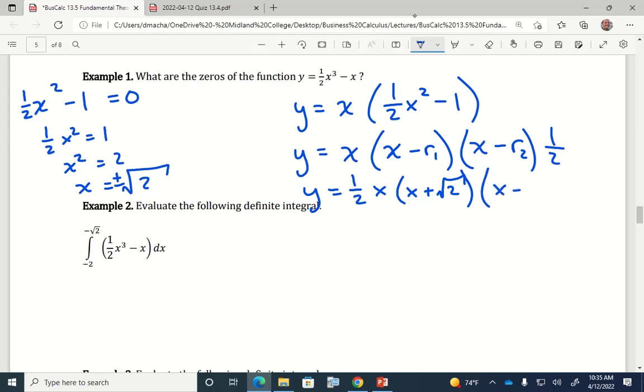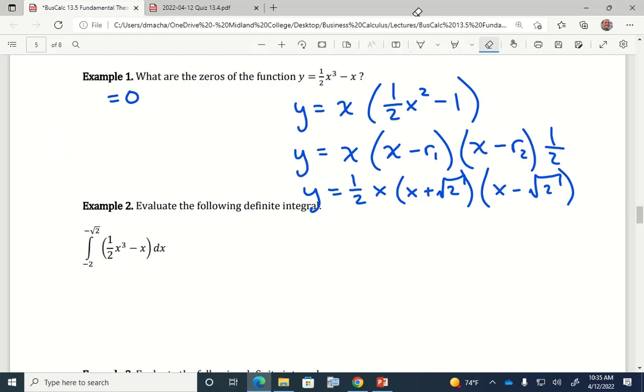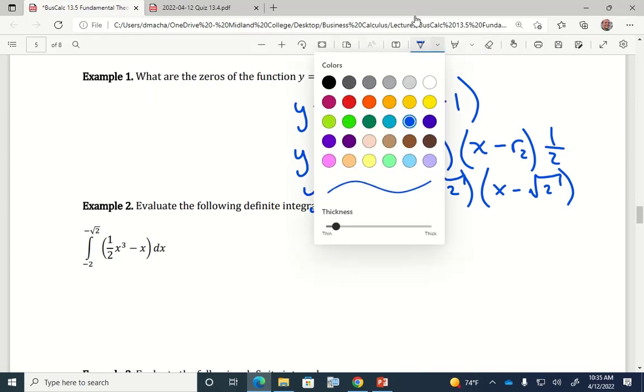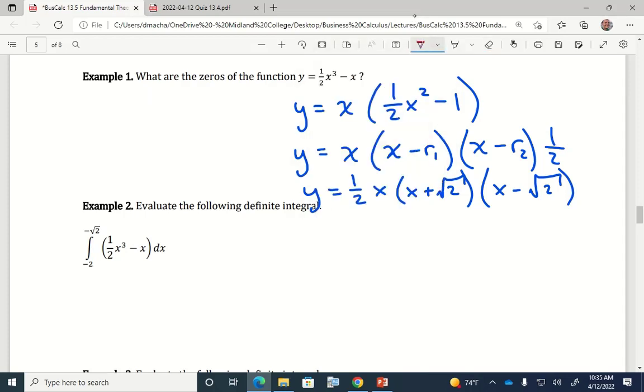and x minus square root 2. And if that's my factorization of this polynomial, then it looks like I have 3 zeros of my function that come from my 3 non-constant factors.